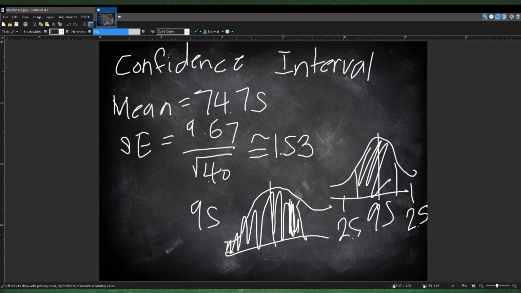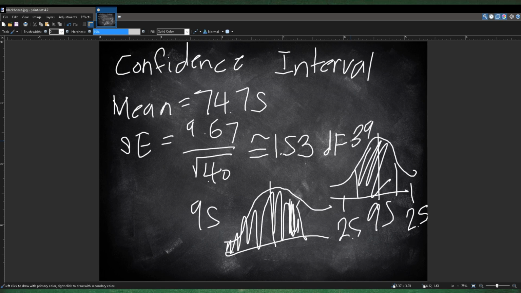So your entire area up to here is 97.5, because 2.5 plus 95, which written as a decimal is 0.975. Your degrees of freedom is 39, because it's n minus 1 and your n was 40.